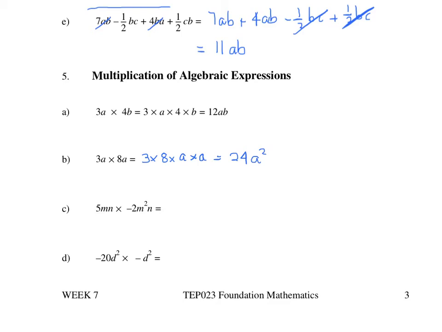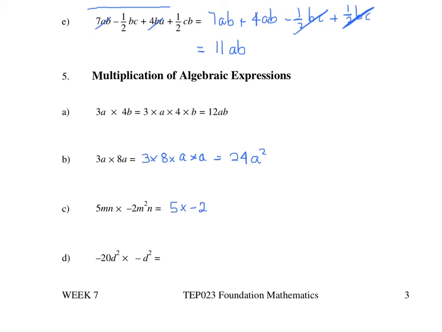For the next one, that's positive 5nm multiplied by negative 2m squared n. Let's look at the numbers first. 5 multiplied by negative 2.